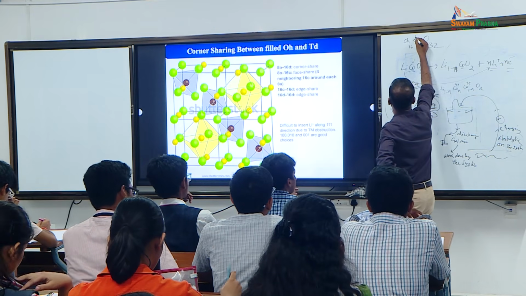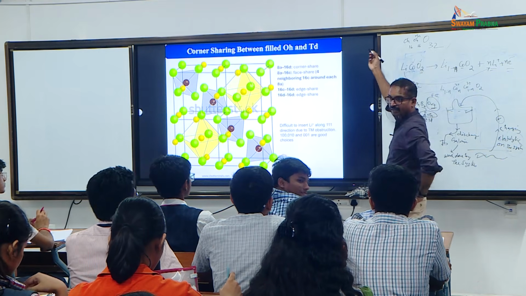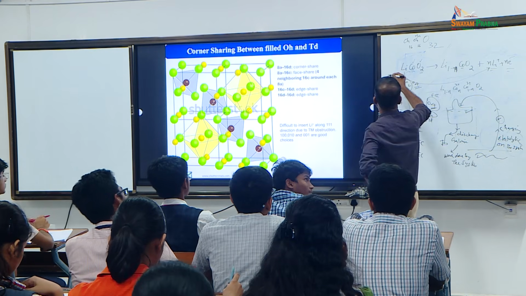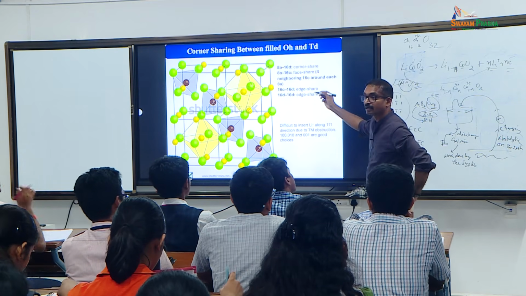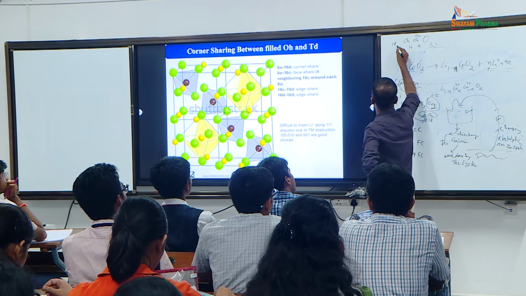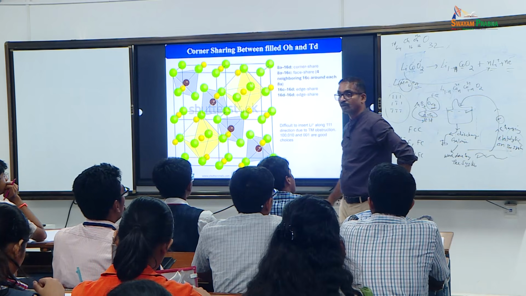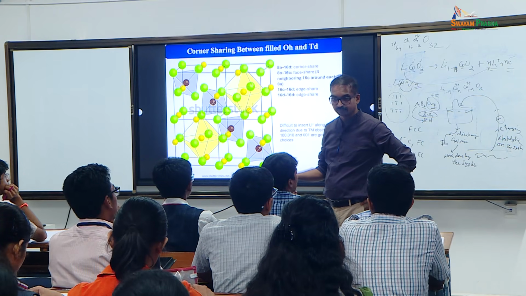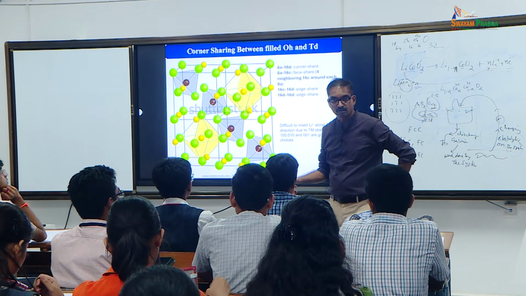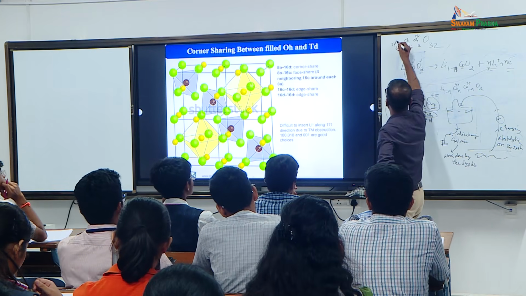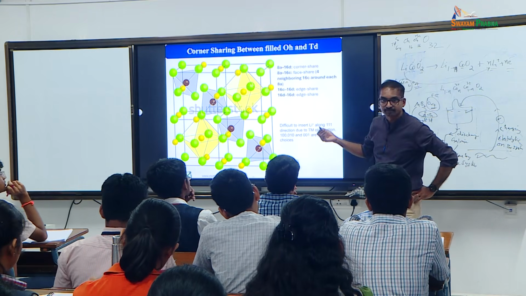Therefore, Mn will go to one of the octahedral voids, the other will be empty. And then we have the tetrahedral voids. How many tetrahedral voids will be there? 64, correct? But in that, how many lithium can I put? 8 lithium only. So 8 out of 64 is 1/8 occupancy.